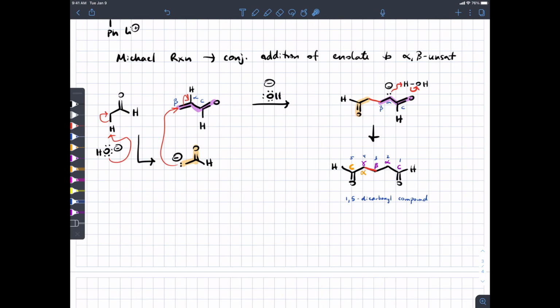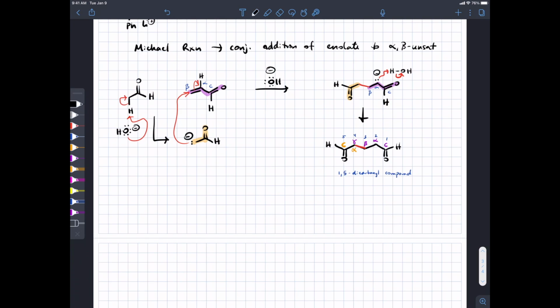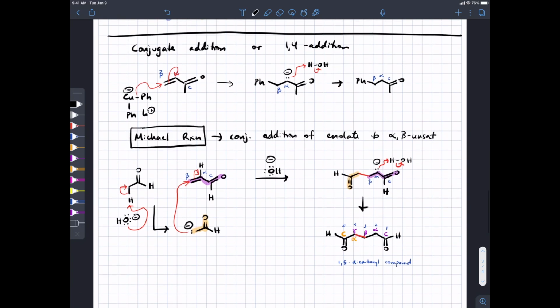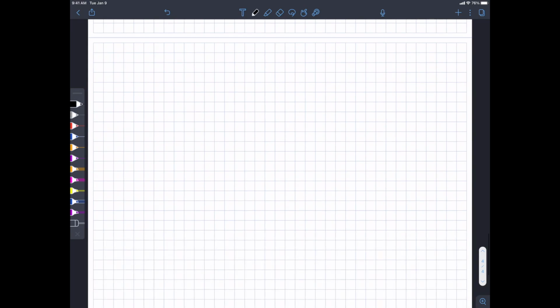Okay, the last thing we need to talk about is perhaps the toughest mechanism you'll encounter in 352. It has a name. It's named after a Nobel laureate whose last name was Robinson, and it's called the Robinson Annulation.